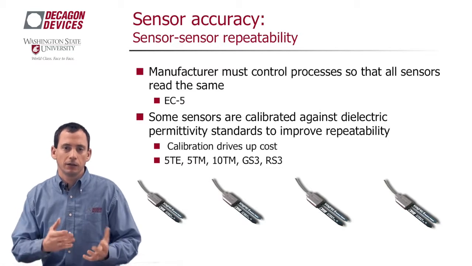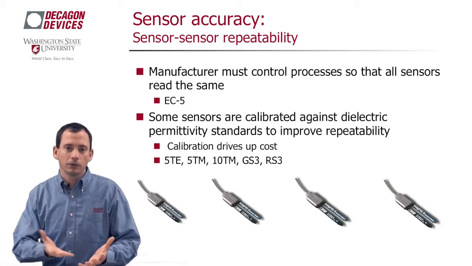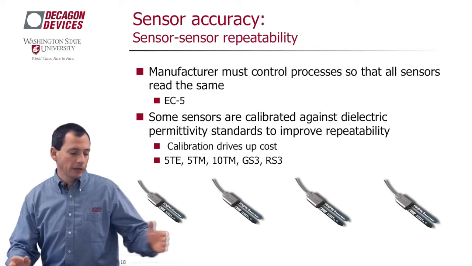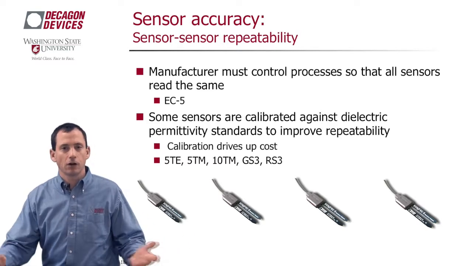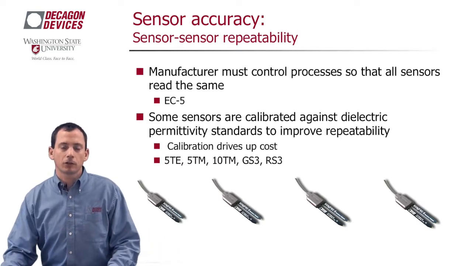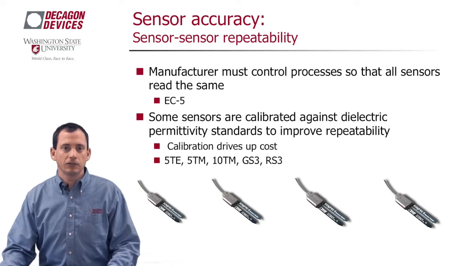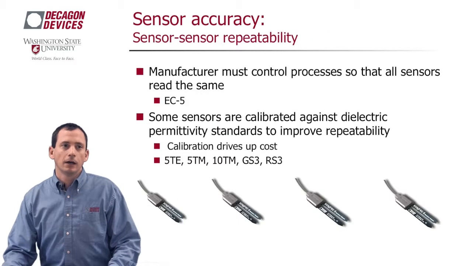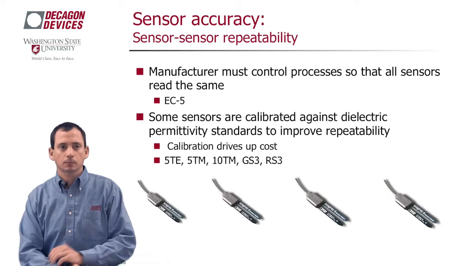That way, if you can calibrate them to dielectric permittivity, you can calibrate one sensor and that applies to all sensors. And so we have to control our processes so that each and every sensor reads the same.